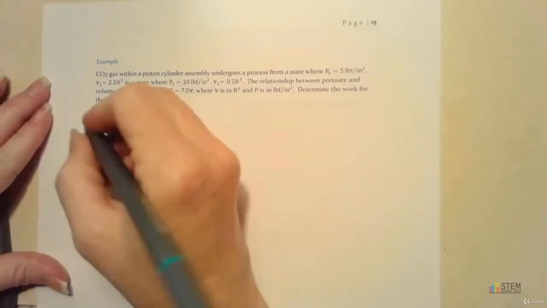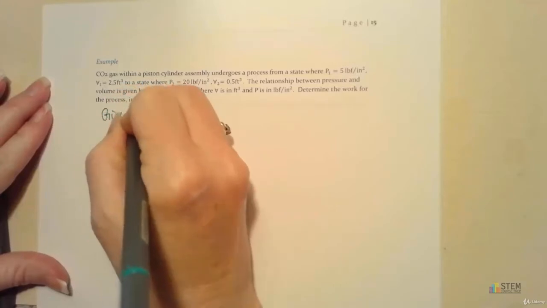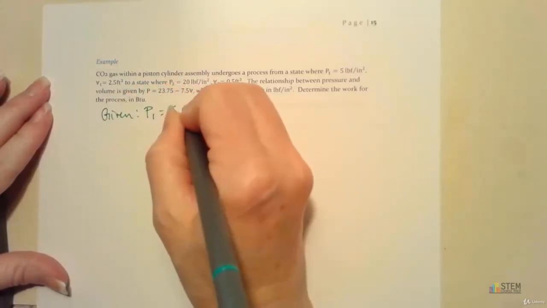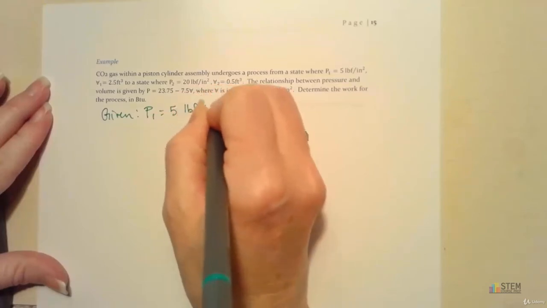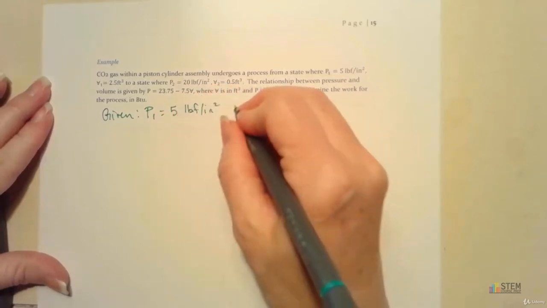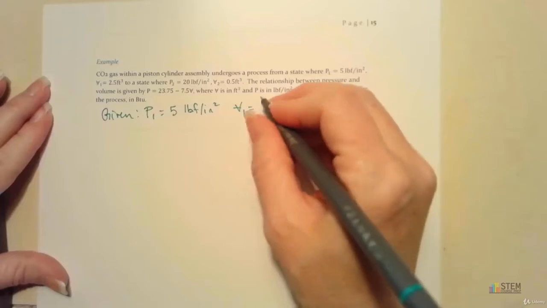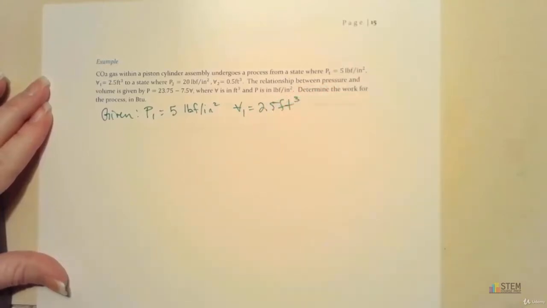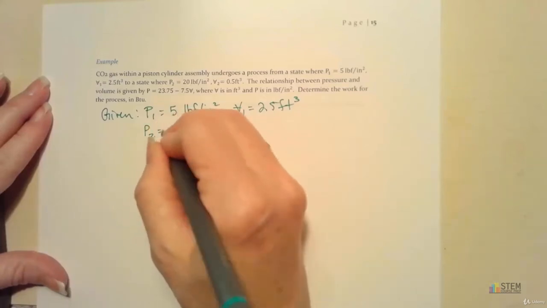Now, let's look at what's given here. All right, so let's write it down. So first we've got our initial pressure. So P1, that was 5 pound-force per square inch. The volume that went along with that is 2.5 cubic feet. Then we have our conditions at state 2.